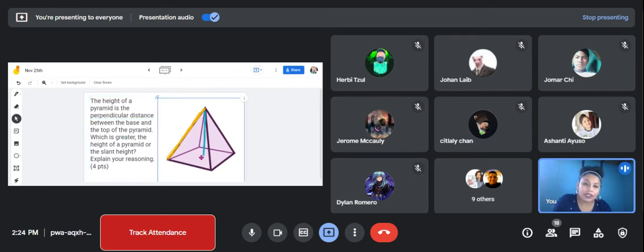The perpendicular distance limits the length of the blue line. You could have a pyramid where this point was over here, making the blue line longer. But because it says perpendicular distance, the height will always be smaller in length than the slant height. And that will be your reasoning because the height forms a perpendicular angle in the pyramid. And that is your reasoning behind it.